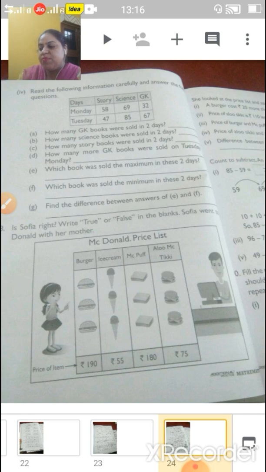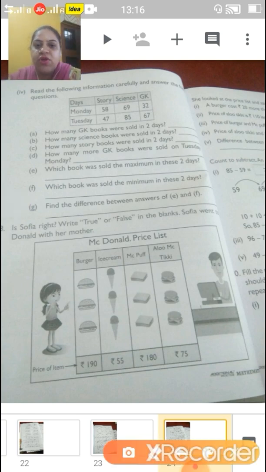How many GK books were sold in 2 days? So children, total number of books you have to send for Monday and Tuesday both. So 32 plus 67, so our answer is 99. First answer is 99. I will write in that PDF only.